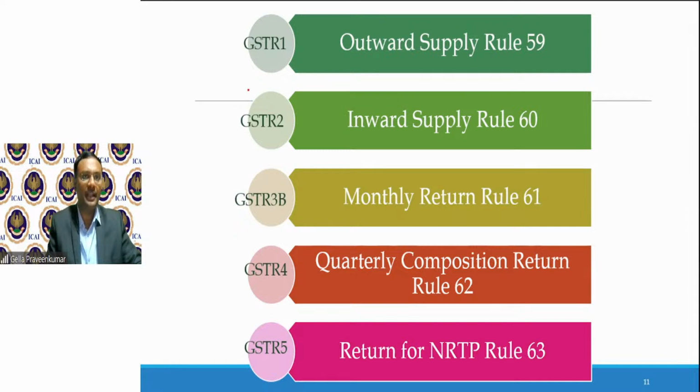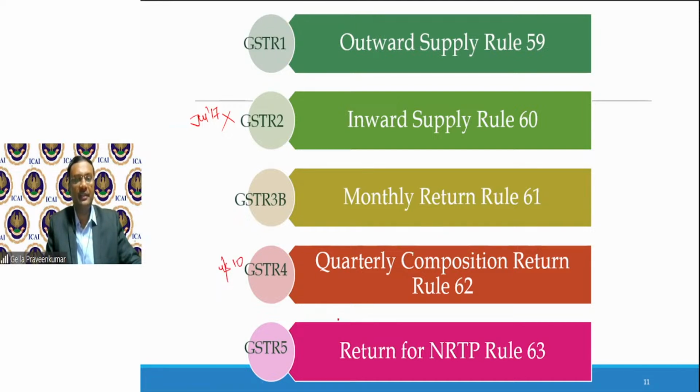GSTR-1, outward supply. GSTR-2 is not there in the picture. This has been omitted ab initio from July 2017 onwards. GSTR-3B is a monthly return. All of you are aware of this. There's also a monthly-quarterly scheme called QRMP. GSTR-4 is your quarterly composition return under section 10.